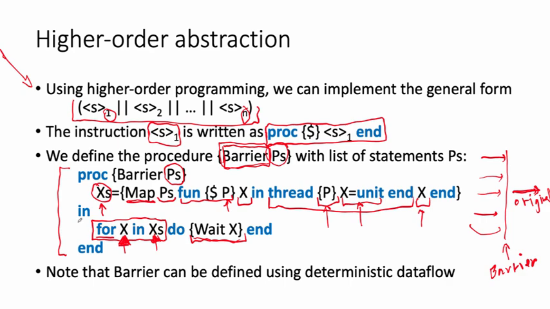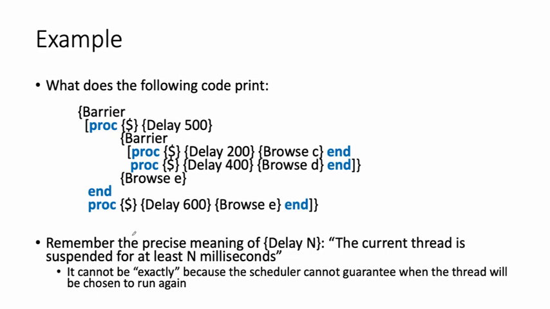So here we're doing all the waits. So we create the threads, we create the data flow variables, and then we wait. So notice this barrier can be written 100% completely using deterministic data flow. So let me create this now. But first, let me show you an example, and then we'll write some code.